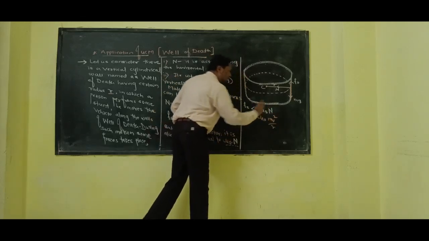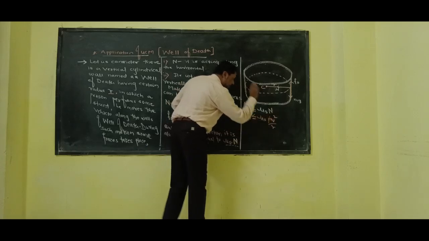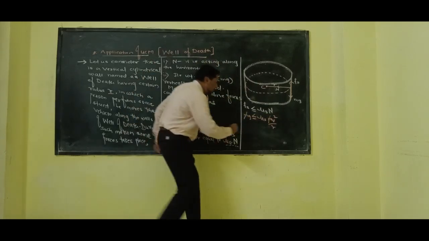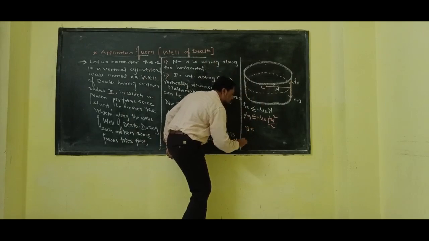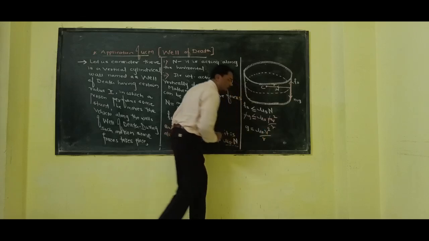Here the factor m gets cancelled. What remains is g is less than or equal to mu s into v square upon r.